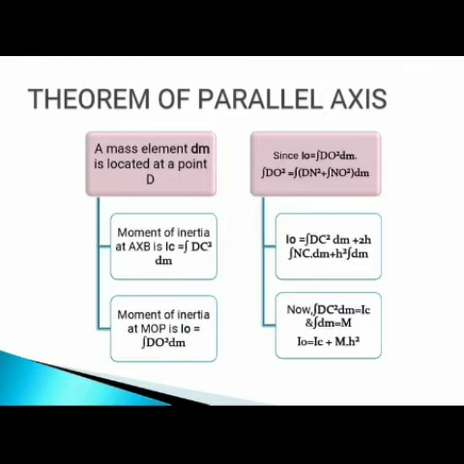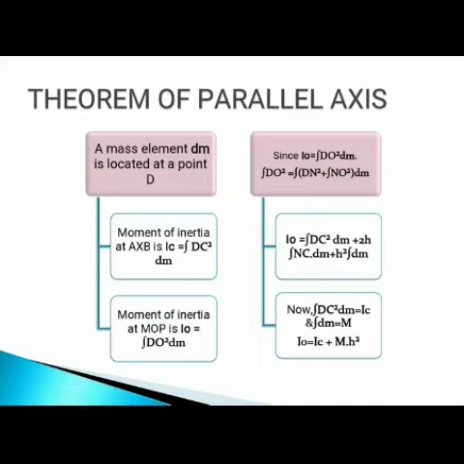Here do square is the addition of dn square plus no square. When I integrate these additions, IO is given by the integral of dc square dm plus 2h multiplied by the integral of nc dm plus h square times the integral of dm.